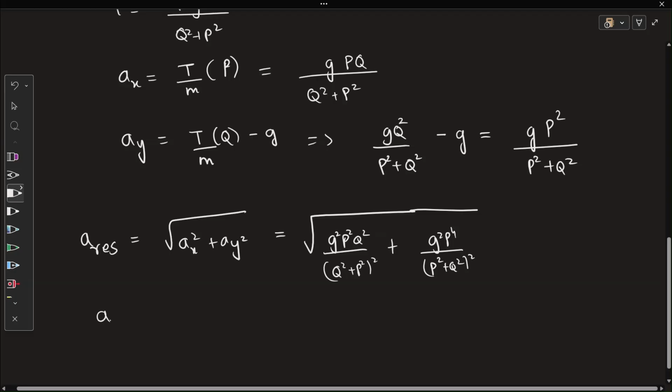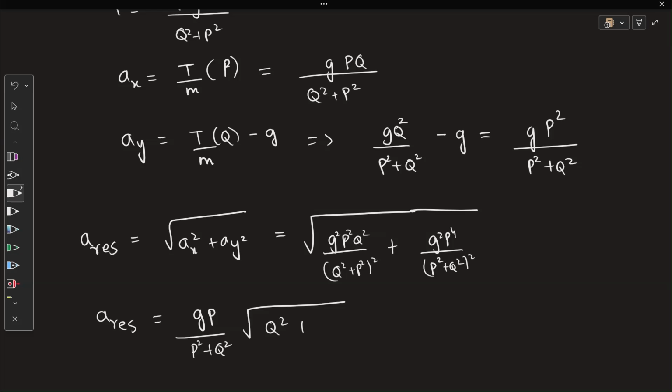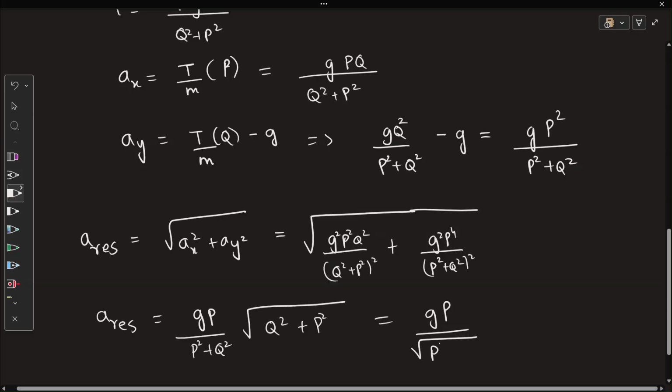So a resultant is nothing but, by taking g p by (p square plus q square), what you get is under root (q square plus p square), which is g p by under root (p square plus q square).